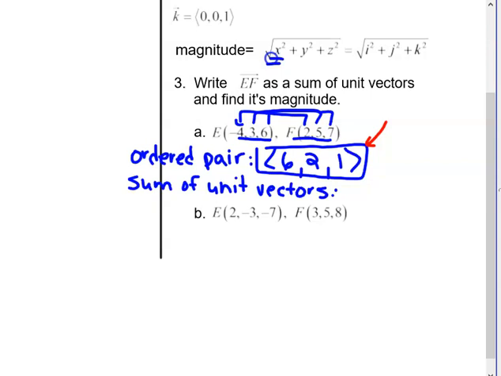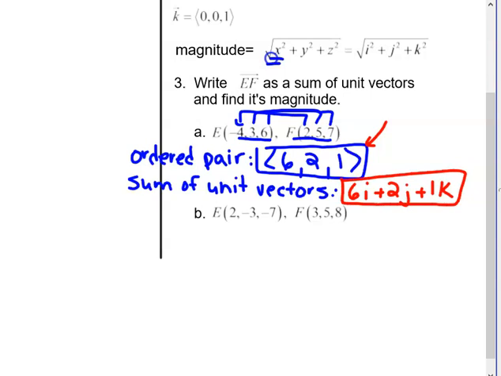So I can rewrite this as we're going 6 of those little vectors to the right, 2 of those little vectors up, and 1 of those vectors forward. It's a combination of all 3 of those forces. Okay?